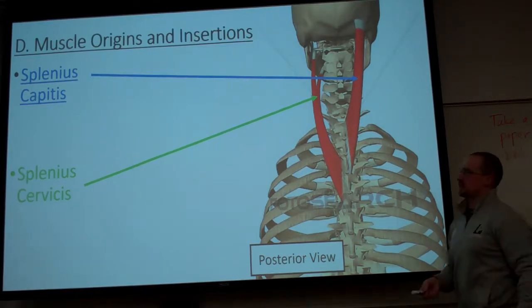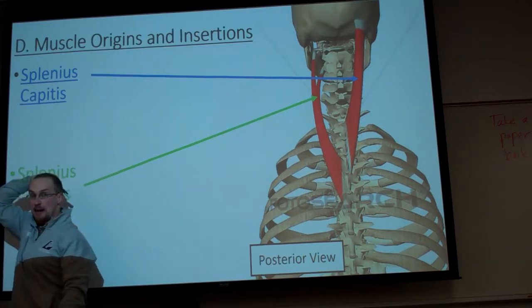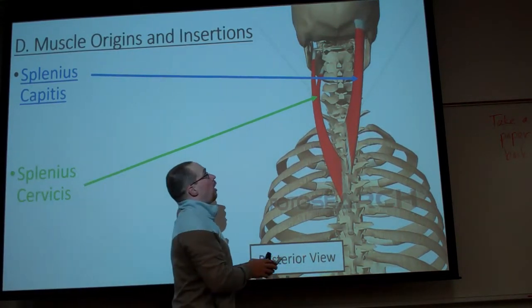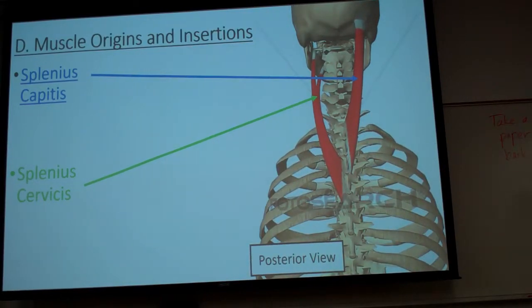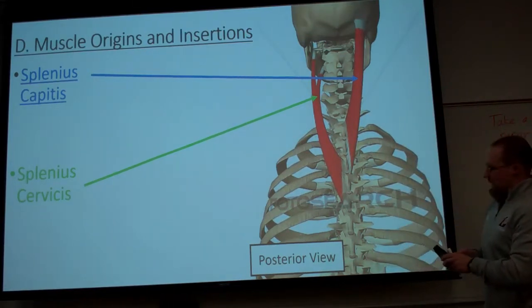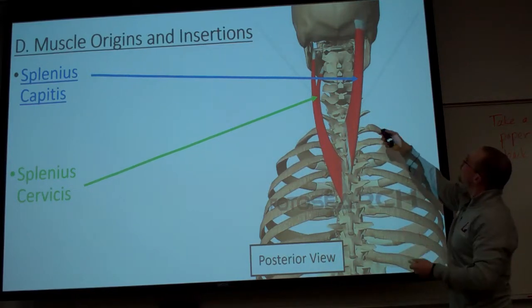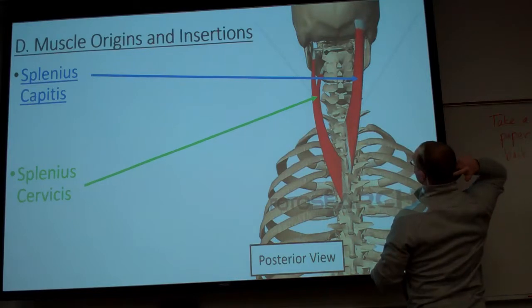Now the big difference is splenius capitis, cap, thinking a cap on your head. This one inserts all the way up at the top on the skull. A cap is on a skull, okay? So it inserts all the way up there. And if you notice here, you've got this line.